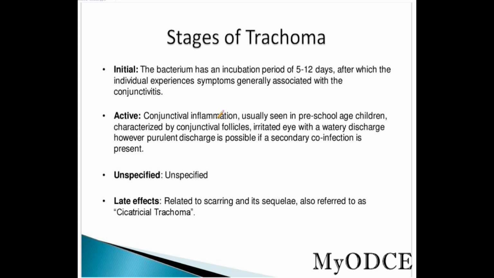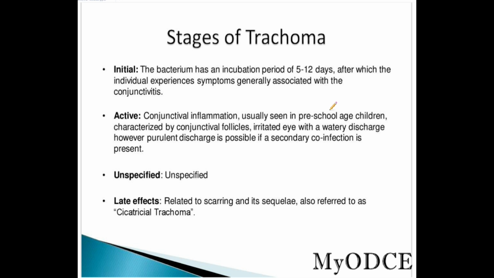In active disease, especially those seen in preschool-age children, in addition to conjunctival follicles, you'll have an irritated eye, watery discharge. With adenoviral infections, the watery discharge will be clear, as opposed to conditions such as gonococcal or chlamydial infections, where you'll have more of a mucopurulent discharge.